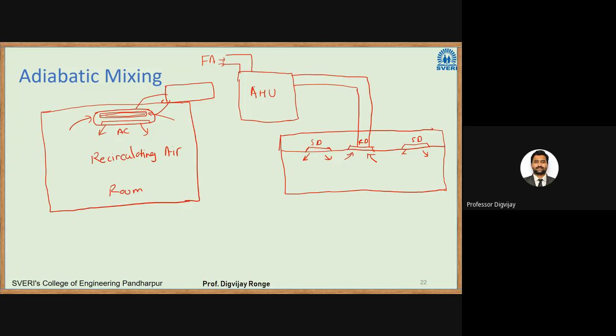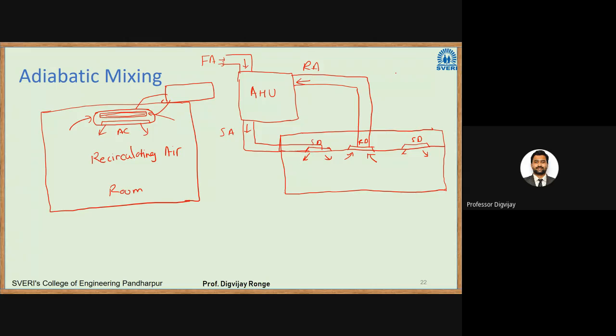And in the AHU what will happen, it will take the fresh air as well as the return air and it will give the supply air. So supply air will be its outlet. So it is taking the fresh air, taking the recirculated air, then it is supplying the air. The supply air will be connected to the supply diffusers. Air will be supplied, some part of it will be recirculated. Okay, so this is our AHU.